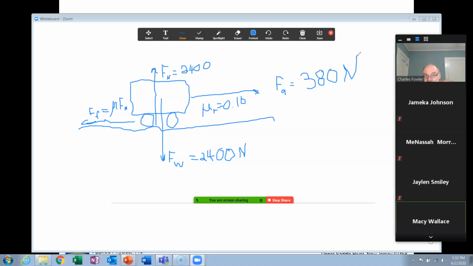So the back of the book is correct on it. If you had answered 384, I would just round it to the correct number of significant digits. That would have been an okay answer. The most correct answer is 380 newtons, because that has 2 significant digits from here. You see, if either one of these zeros would have been significant, they would have put a bar over it. They didn't.